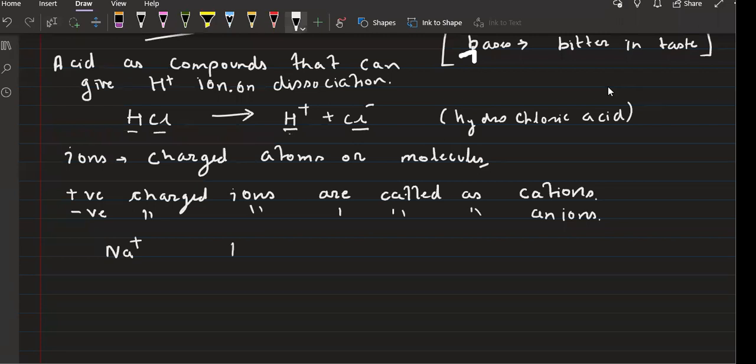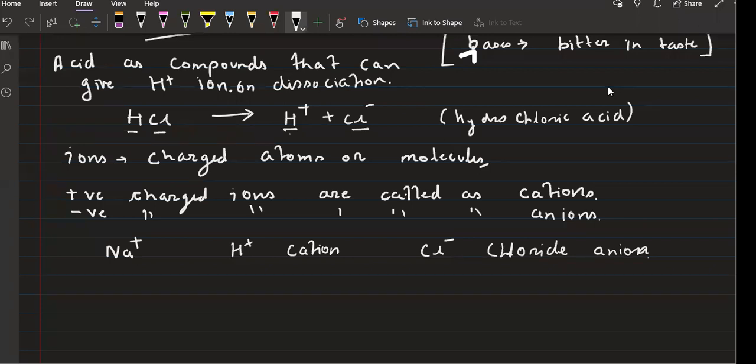H plus is called a cation, hydrogen cation, and Cl minus is your anion, chloride anion. Okay, everyone? Got it? Tell me, got it?